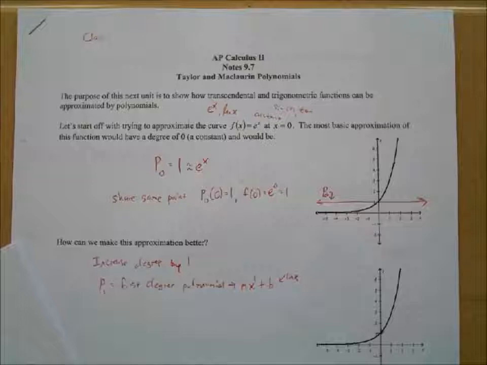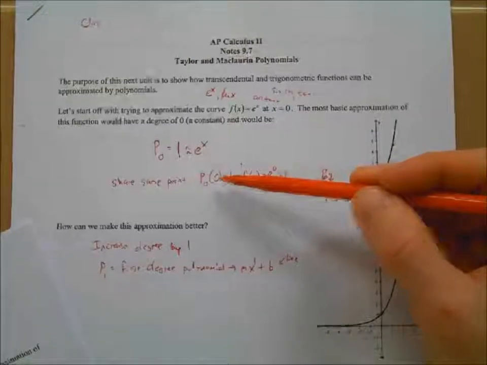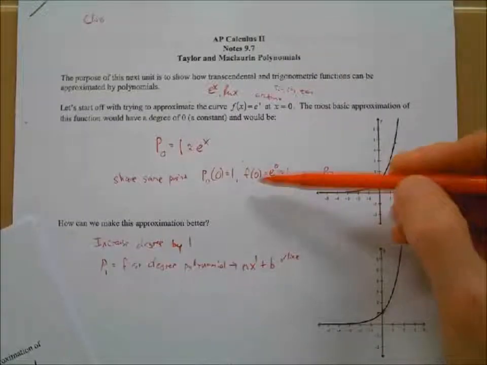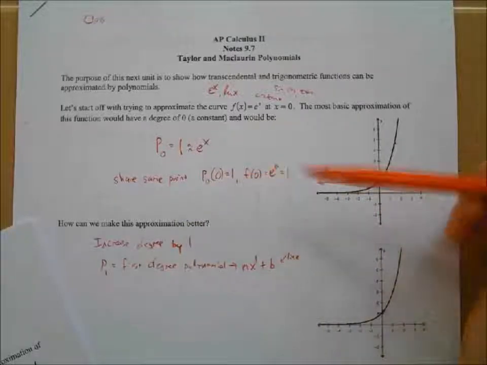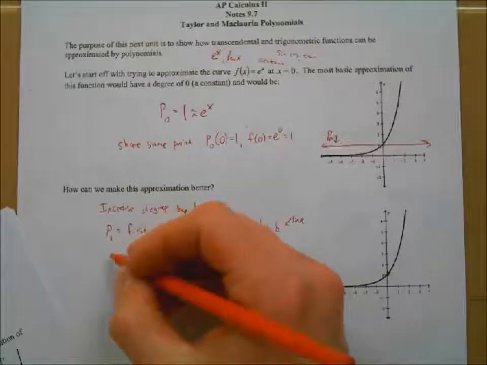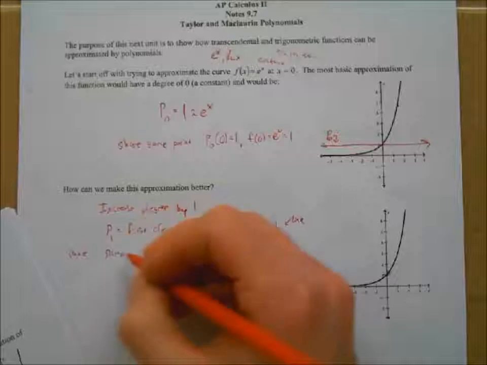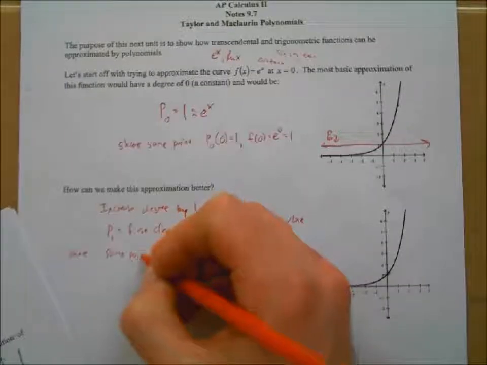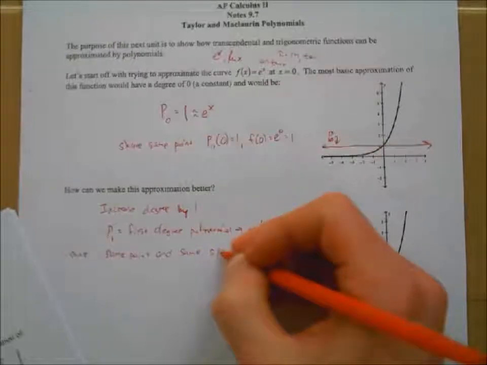Okay. So whereas in this earlier one, our approximation and the actual shared one thing. They both shared the same point, the point at 0 was 1, f of 0 is 1. Here now, since we're talking about a first degree polynomial, we want it to share the same point and the same slope of our curve.